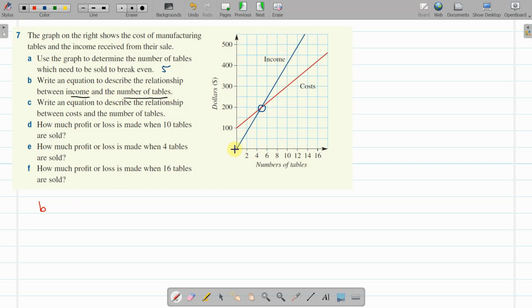Alright, so what we need is the slope, which in the equation is m, and the y-intercept, which is a plus b. Okay, to get this equation, number of tables, I'll put T, T for tables.